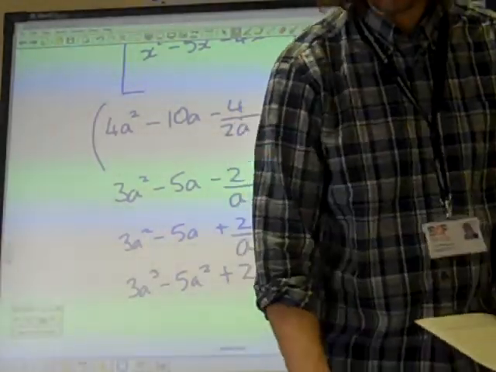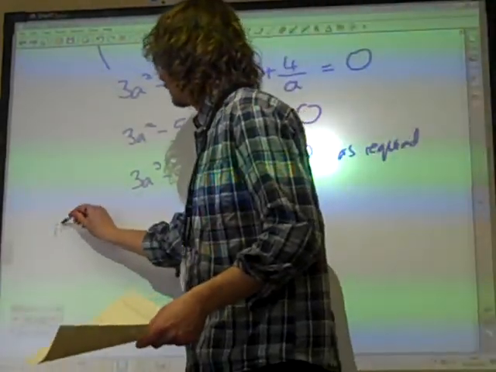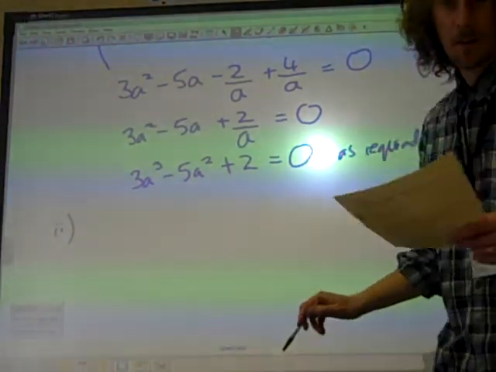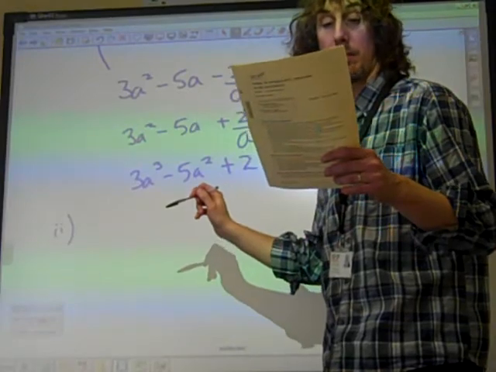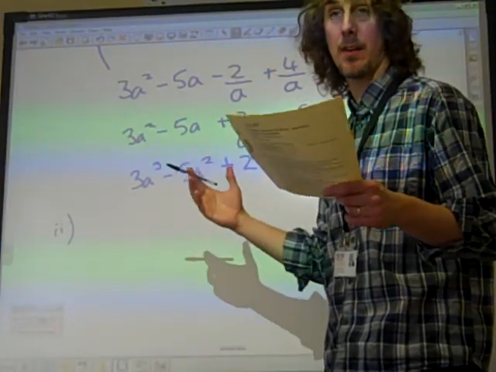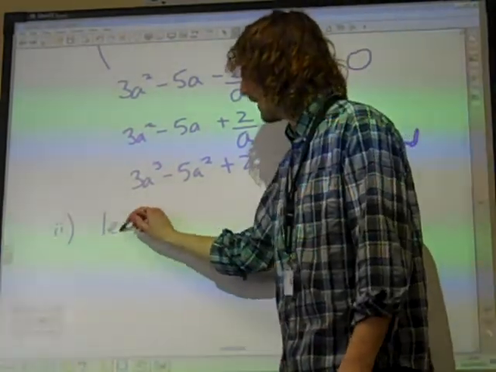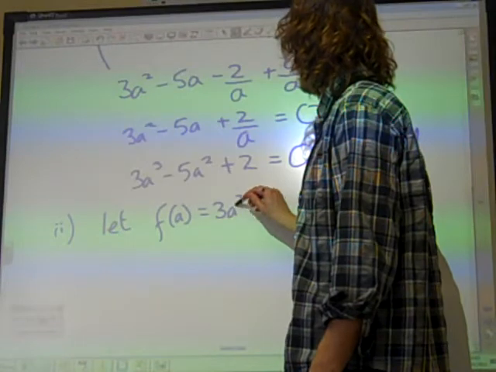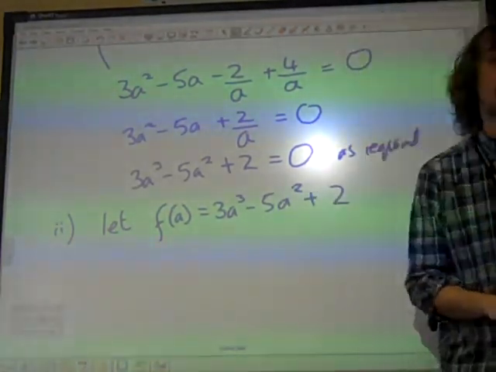So part 2 now gets into dealing with the factor theorem. Part 2 says that 3a cubed minus 5a squared plus 2 equals 0 has a root; show that a equals 1 is a root of that. So we're going to set up some nice notation for this. We're going to say that f of a is 3a cubed minus 5a squared plus 2.